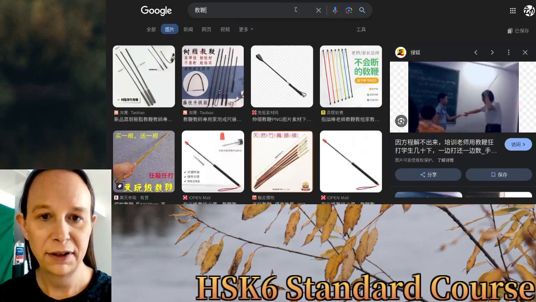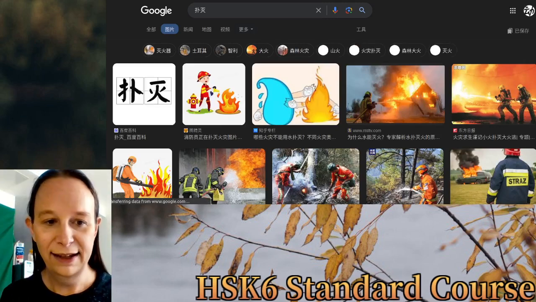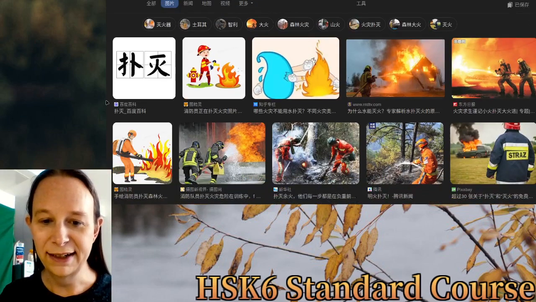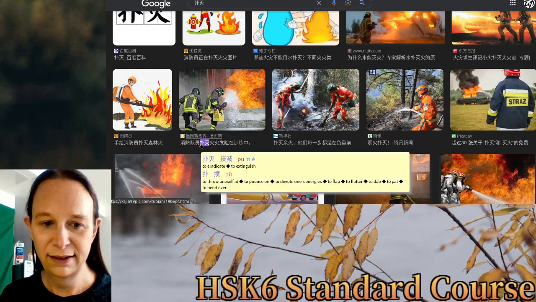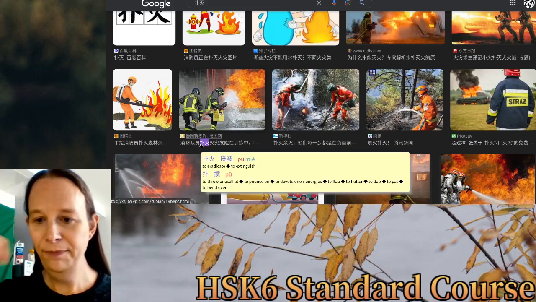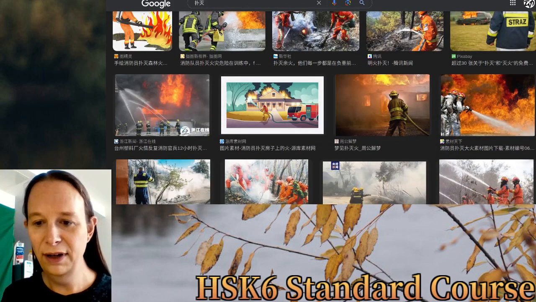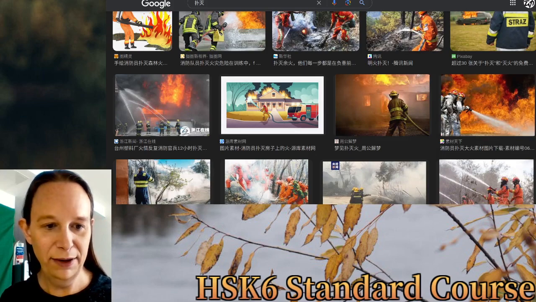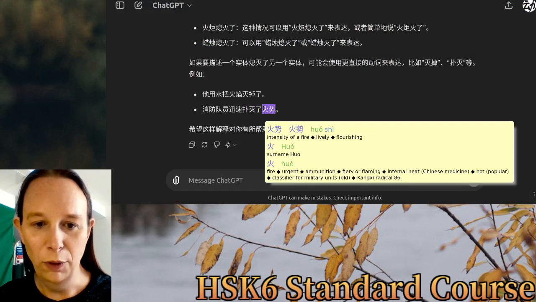Let's have a look. 扑灭. That's just using water. 扑灭. Why is there a pool in 扑灭? 扑灭火焰. 扑灭火情. 扑灭. What did ChatGPT say? 扑灭火势.